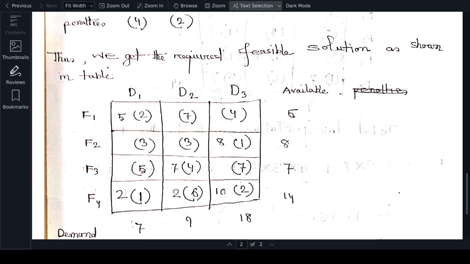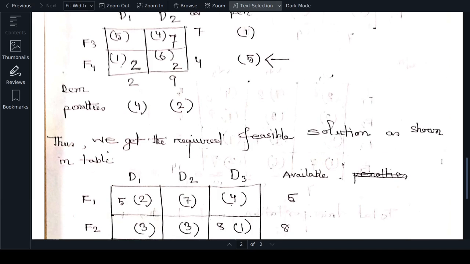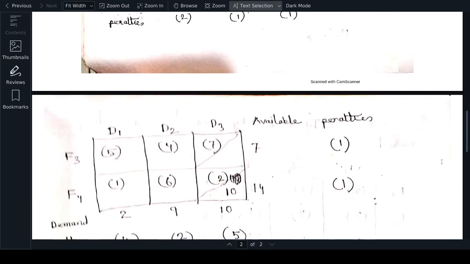Availability is 4. Similarly, in D2 column, demand is 9, then in 4, how much can we give? 7. 2 plus 7 is 9. And in the F3 row, allocation is 7. So 7 equal to 7. Availability is 7. So in this way you fill up the last table.